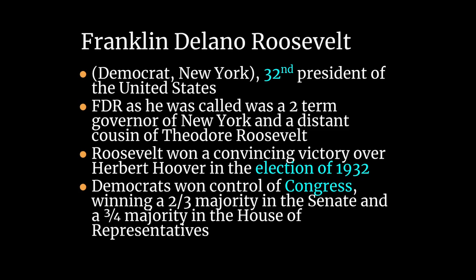Franklin Roosevelt, a two-term governor from New York, and a really good statesman and a great politician, with a great sense of humor, who could relate to the average person, runs for the Democratic Party, and he wins in a convincing victory. I mean, it's a slaughter of the Republicans.